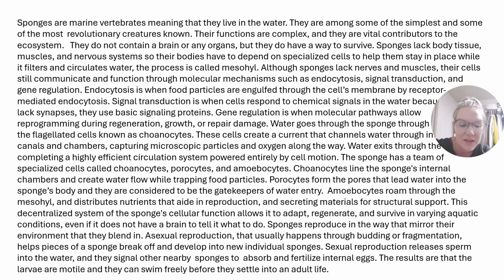The result is that the larvae are motile and they can swim freely before they settle into the adult life. So they reproduce very well, really just dependent on the environment, but they're adaptable, so it's always going to happen.